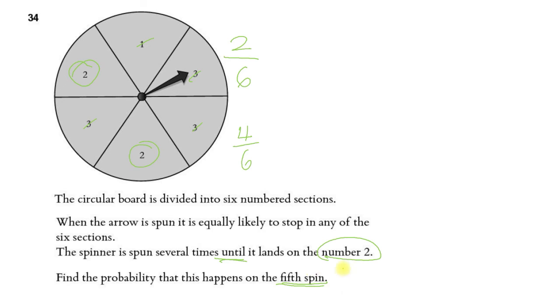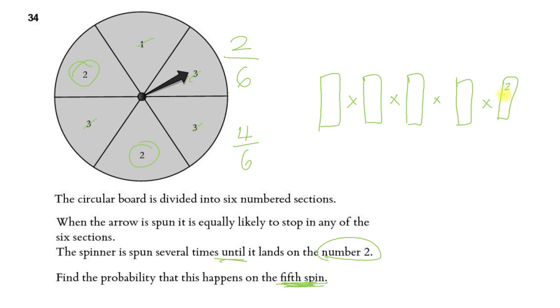So what is the probability of landing on number 2 on the 5th spin? So just make sure that you have 5 sections because you're going to spin it 5 times, right? See? 1, 2, 3, 4, 5. So you need to land on the number 2 on the 5th try.